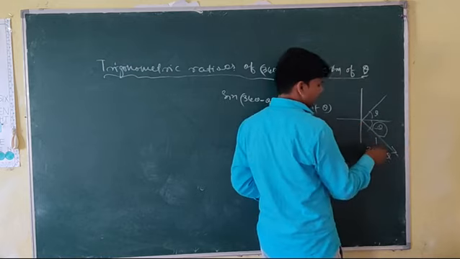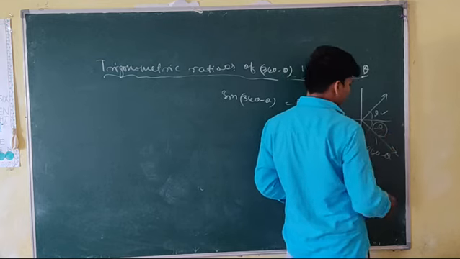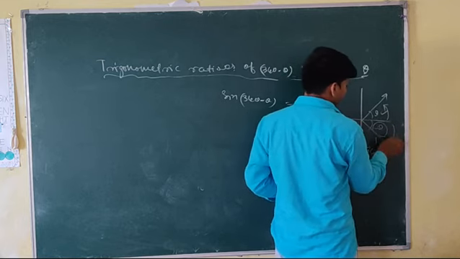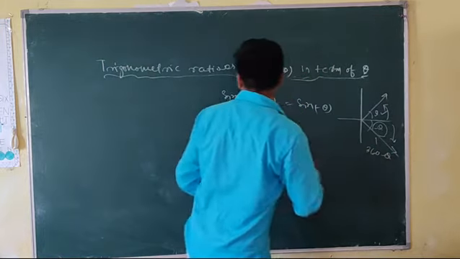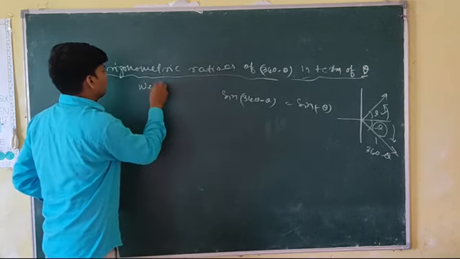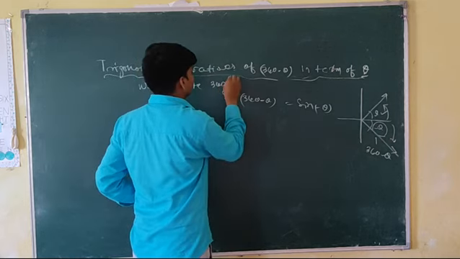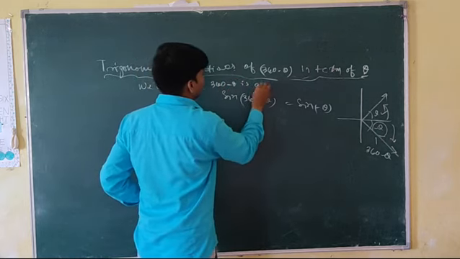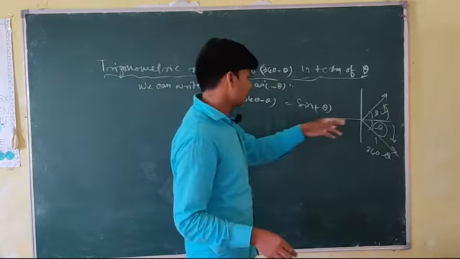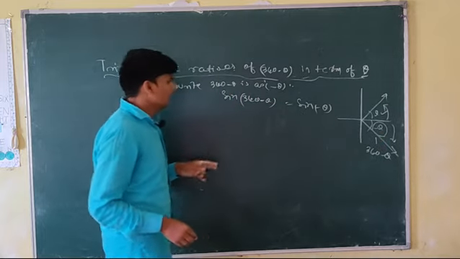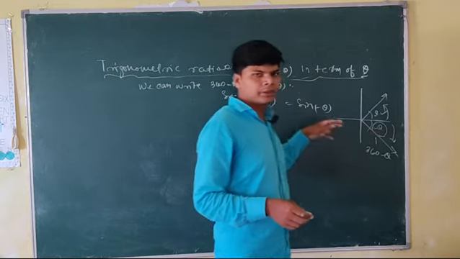If we make an arrow like this, here this is theta, and this will be your minus theta, as it is in this direction. Minus theta is the same as 360 minus theta. We can write 360 minus theta as minus theta. Okay, see this figure. So this will be like your previous answer. We derive the expression for this formula.